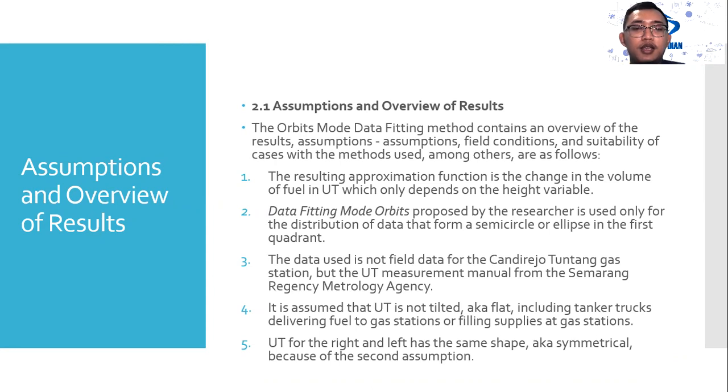Second, orbit mode data fitting proposed by the researcher is used only for distribution data that form a semicircle or ellipse in the first quadrant. Third, the data used is not field data from a gas station, but meteorology agency data. Fourth, it is assumed the UT is not tilted, aka flat, and this includes the tanker trucks delivering fuel or filling supplies at the gas station.